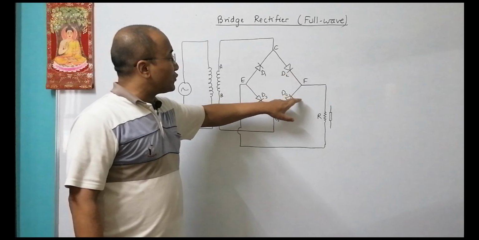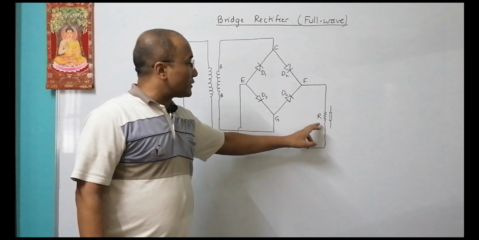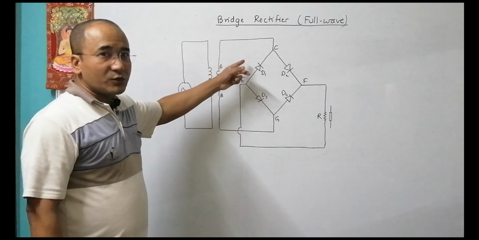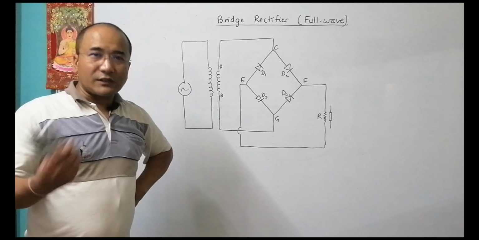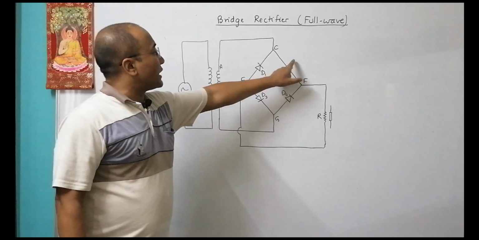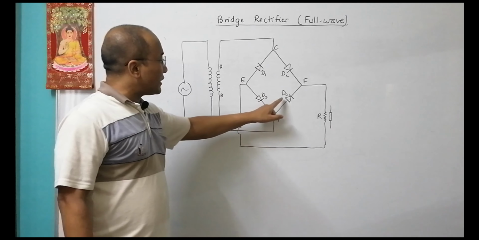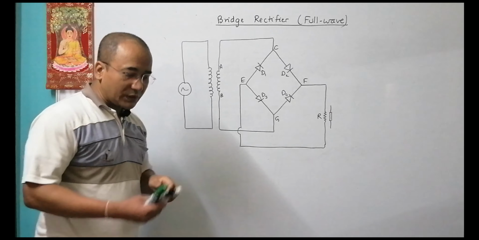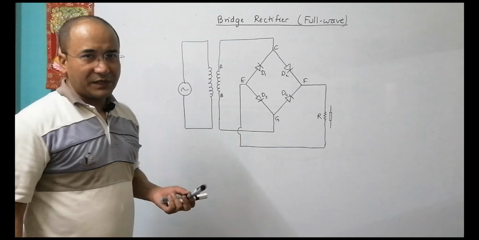The n sides of two diodes are commonly held at a point, and these two points connect to each other through a resistor. And the remaining points will be connected to the secondary coil of the transformer. So here this common point has got the p side of this and the n side of this. This common point has got the p side of this and the n side of this, and this connects to the secondary coil of the transformer. So this is the arrangement.